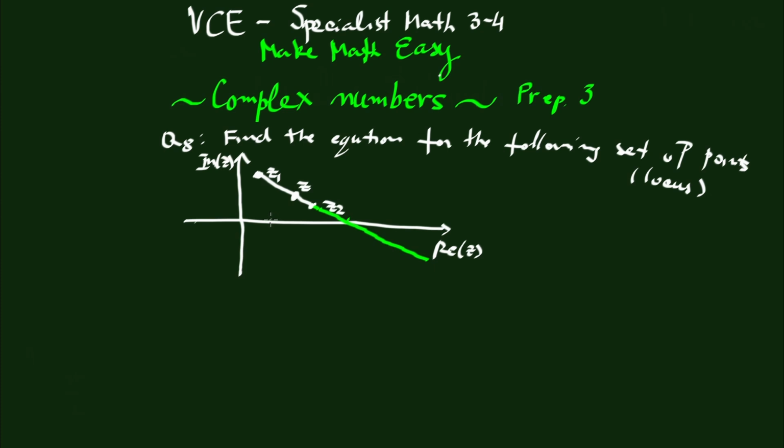Points z1 and z2 are both here. Every point has a vector, so this is the vector for z1, and this is the vector for z2. Therefore, what would be the vector z minus z1?